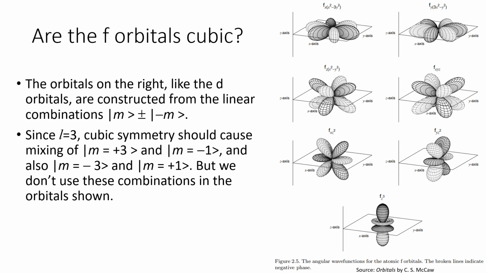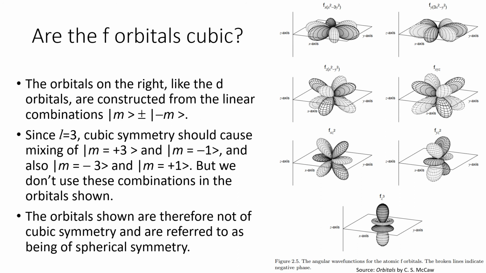So since they're different by 4, then we ought to have those mixed up, interacting with each other, through our 90-degree fourfold rotation symmetry. Now this is a problem, because when we define the f orbitals in this kind of standard spherical way, we didn't try and do this.